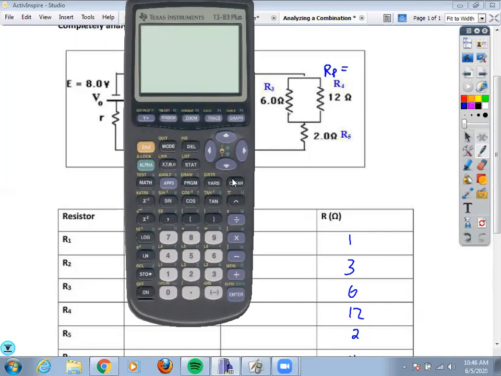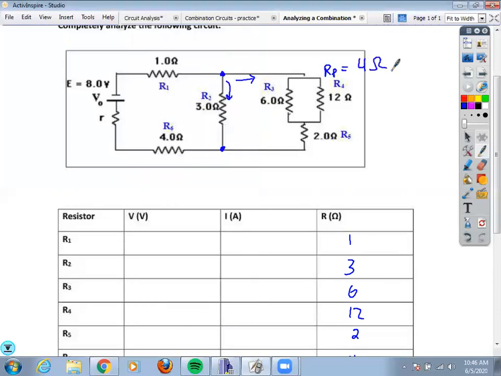So 1 over 6 plus 1 over 12, and we get 4 ohms. So we have 4 plus 2, so this side essentially, this parallel I drew here, we have the 3 ohms on one side, and we've got the 6 ohms on the other.